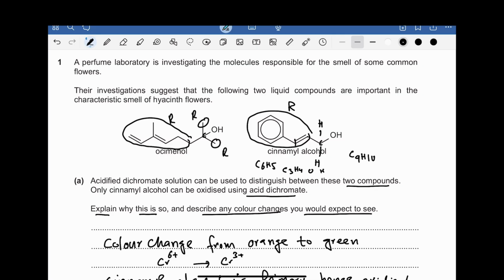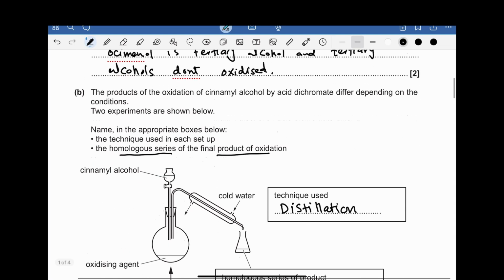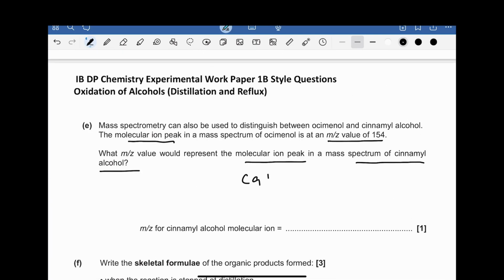If I add them together, we will have C9H10O. So 12 times 9, plus 1 times 10, plus 16, so 108 plus 10 plus 16.